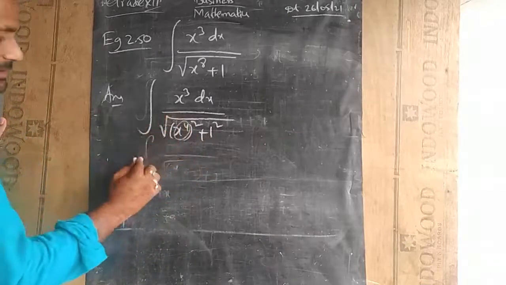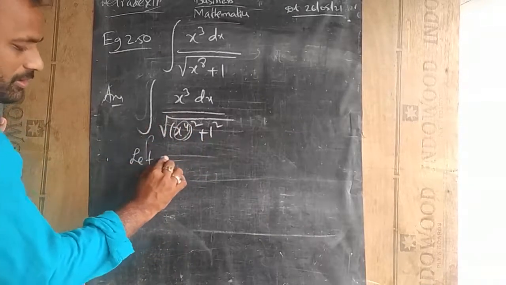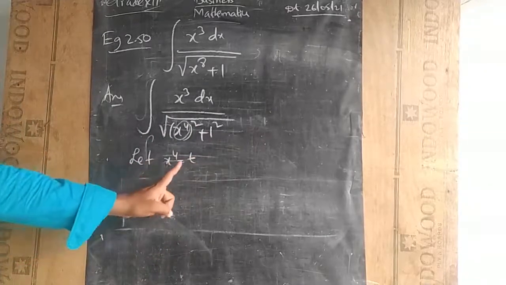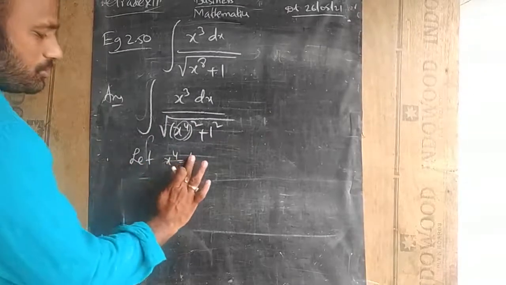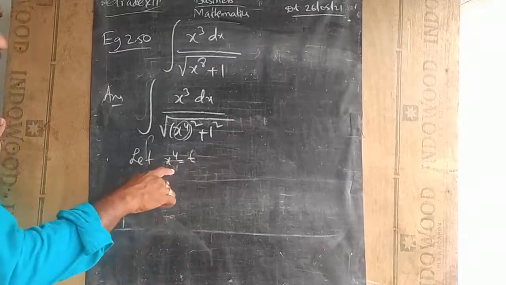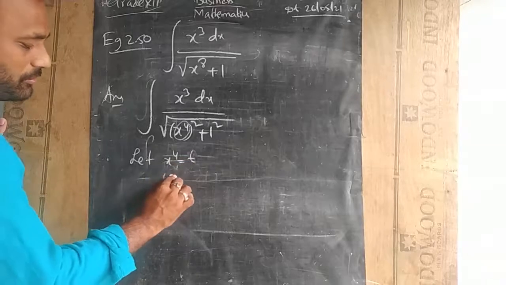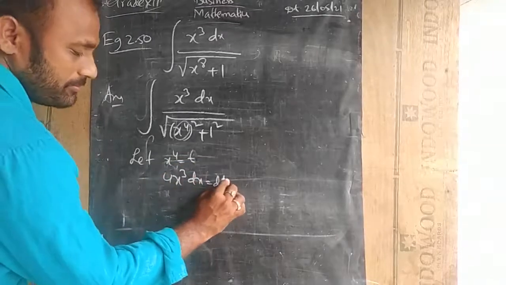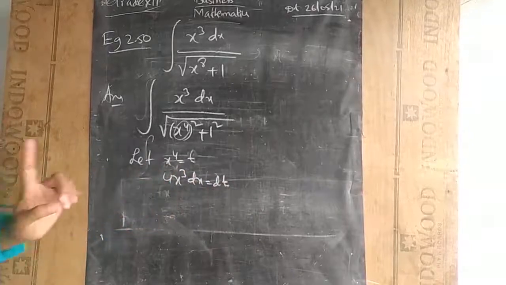Now what I will do is let x power 4 equal t. If I assume that, then on differentiating, 4x cube dx equals dt. This is the format.